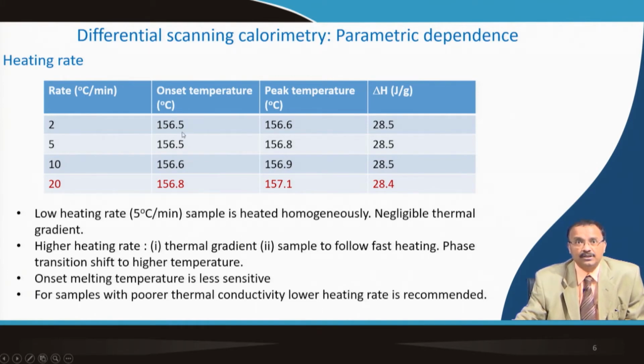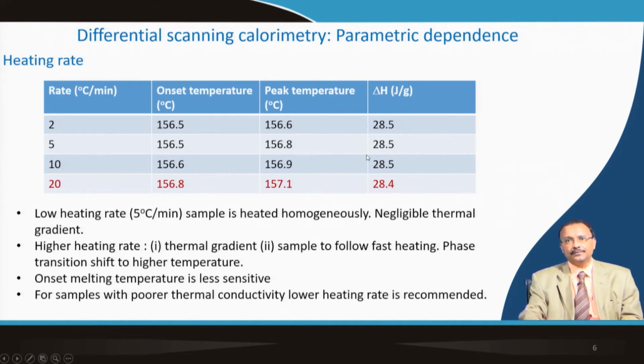Onset temperature remains more or less constant. Peak temperature varies. You see that with the heating rate there is almost a 1 degree difference. And the heat flow normally does not vary that much.